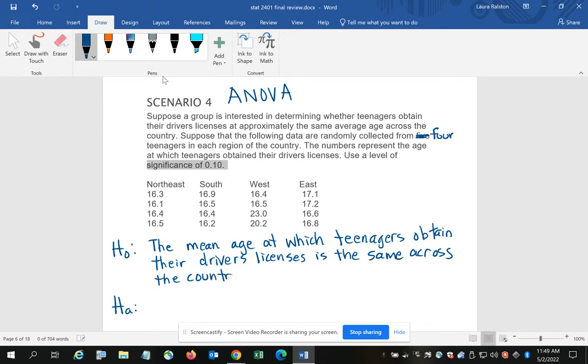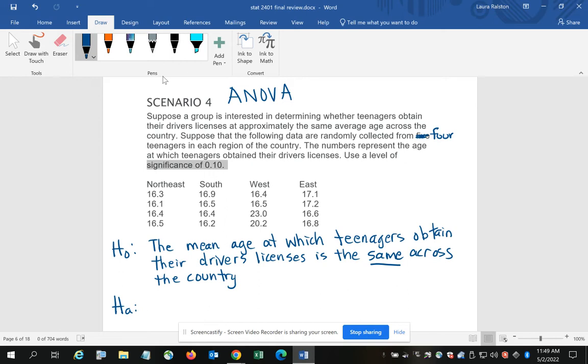We're basically saying that the average age for the Northeast is the same as the average age for the South, is the same as the average age for the West, is the same as the average age for the East. The idea is that they're the same, which implies equal.